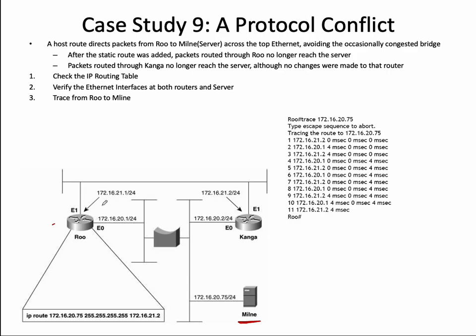After the static route was added, the packets routed through Roo no longer reach the server. Now packets routed through Kanga no longer reach the server, although no changes were made to this router.